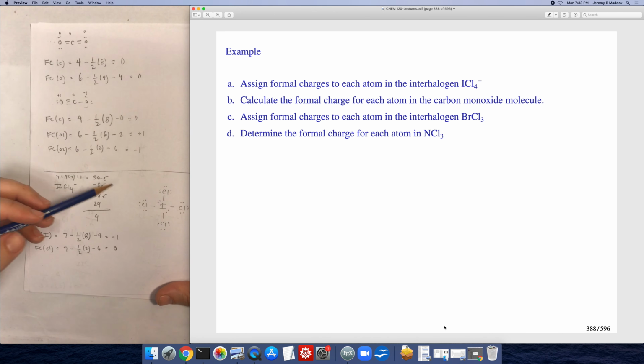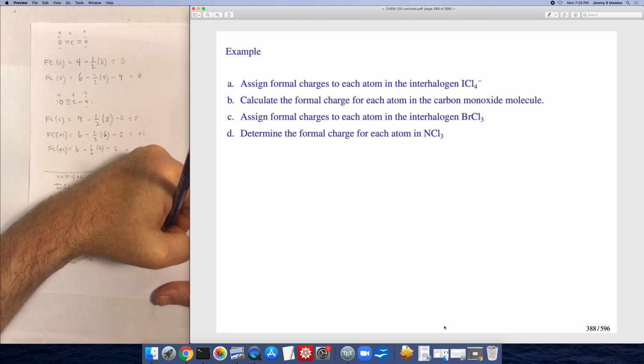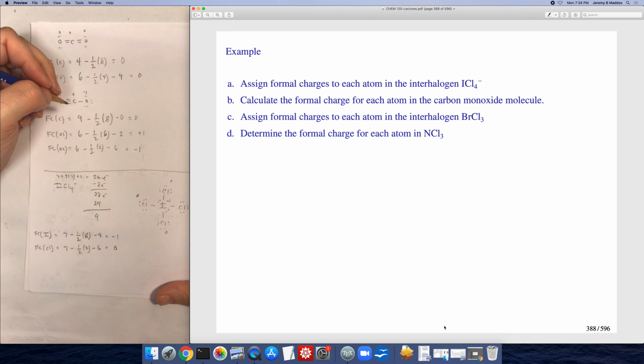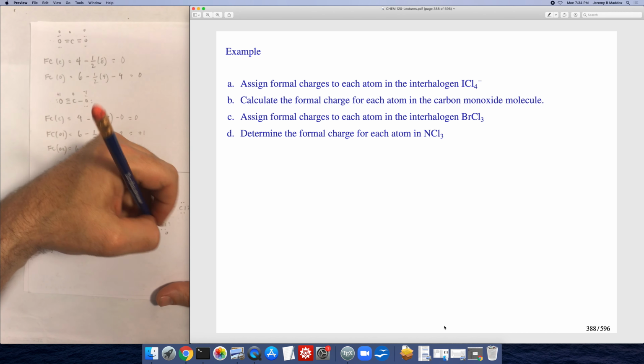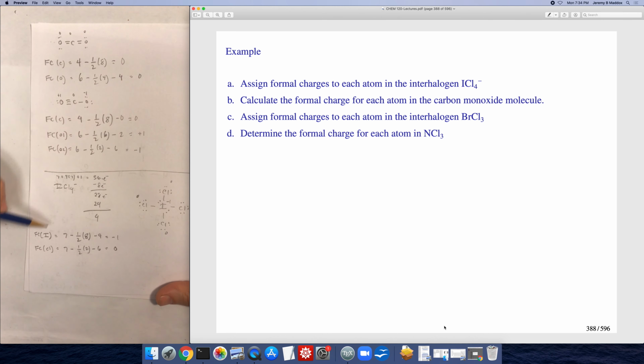Now the sum of the formal charges: we've got 0 on all of the chlorines, and we've got a -1 formal charge on the iodine. The sum of all of the formal charges needs to add up to the ion charge, which is -1 in this case. Okay, so these are the correct formal charges for this species.